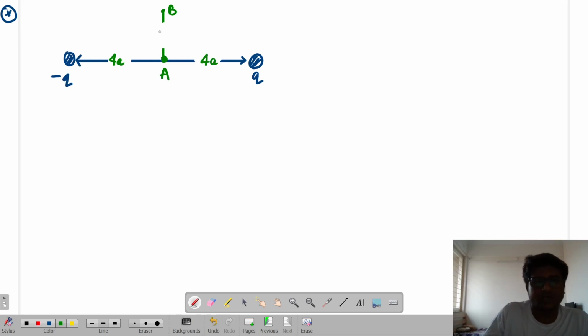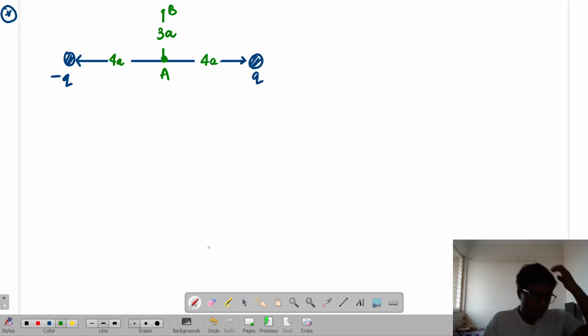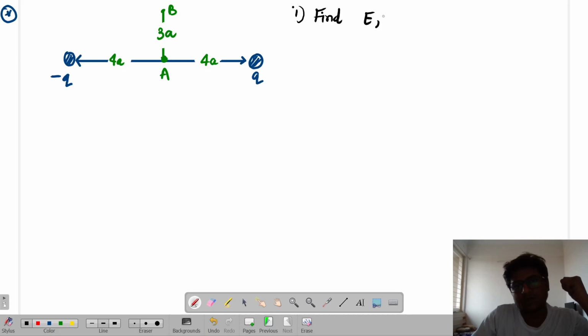This gap is of 4a, and this gap is of 3a. Got it or not? Question is, find E and V at point A and B.